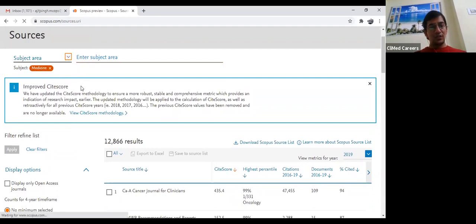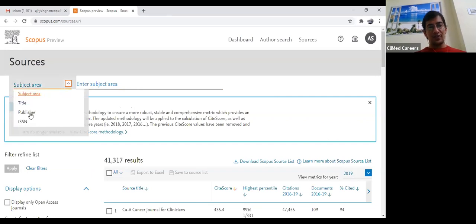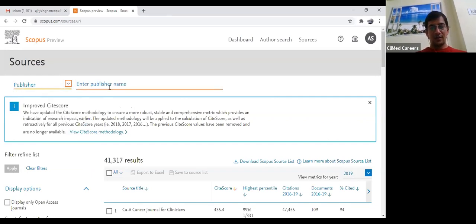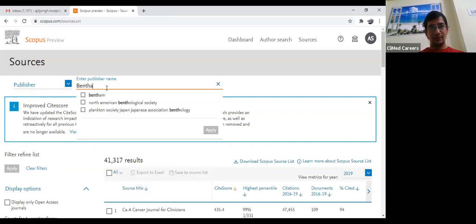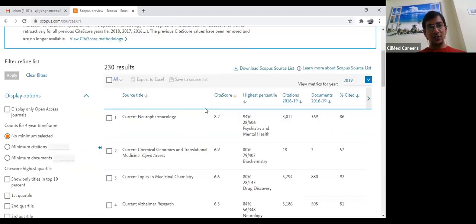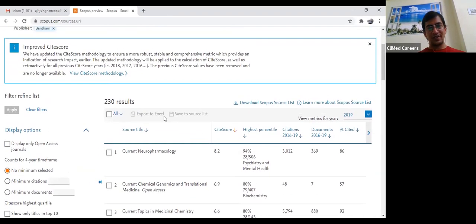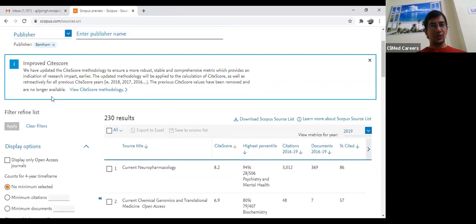Now, if you know the publisher, like Bentham publisher, let's go with the publisher. If you want to know from some specific publisher, Bentham publishes almost 230 journals, you can select out from that.